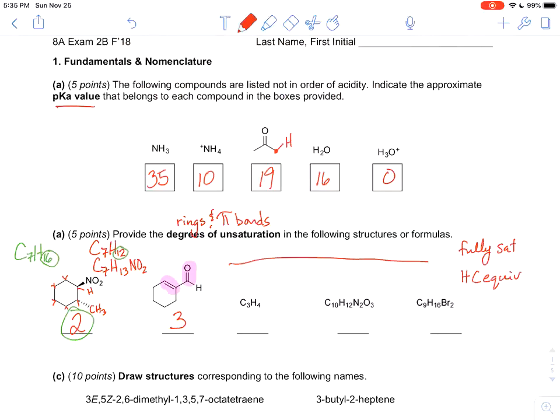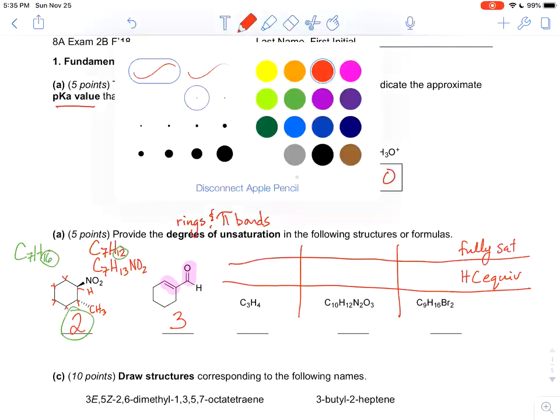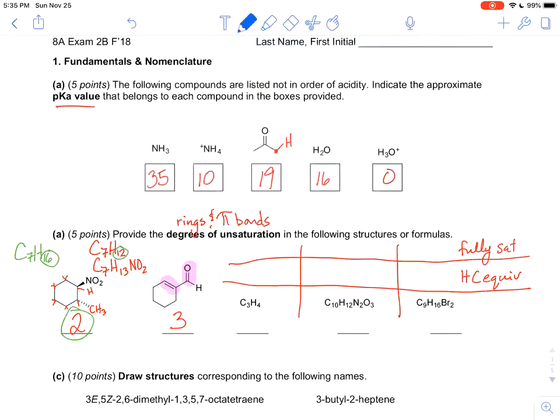So I'm just going to make a little mini table. And then we see that for a C3 compound, if it was fully saturated, it would have 8 hydrogens. We don't need a hydrocarbon equivalent because it's already there. We're going to compare 8 and 4. We see that there's 2 missing pairs of hydrogens, 2 degrees of unsaturation.